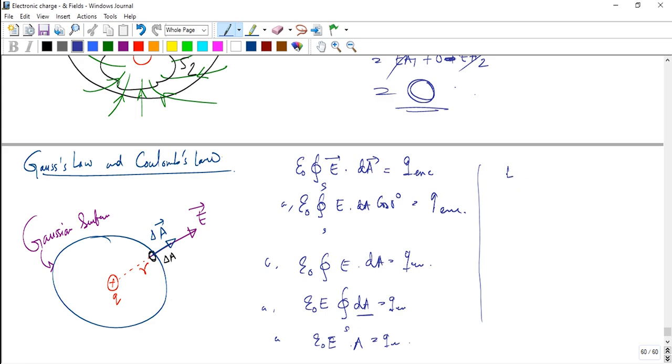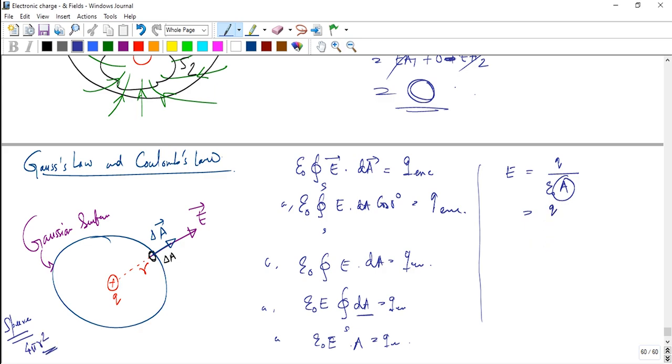So E equals Q by epsilon naught A. Okay, so what is A? A is the area. Since it is a sphere, we know the area of a sphere is 4 pi r square.